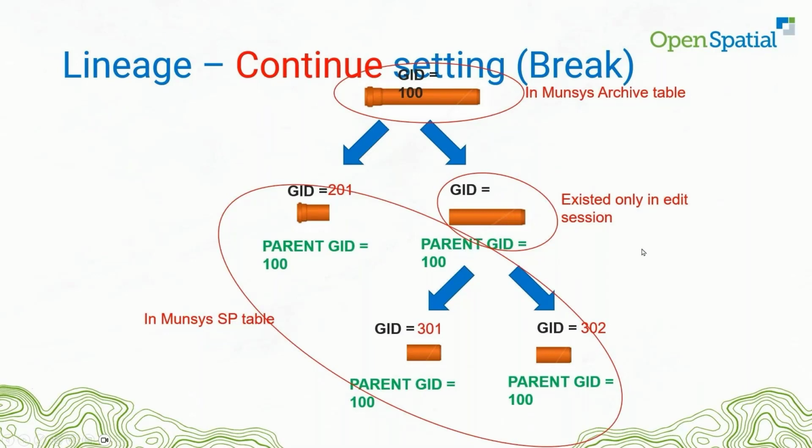So if I go and say, well, I don't really need that, then what we would have, the parent GID in the SP table, that one never gets into the spatial table. So with this one, I'll say that's the parent GID, and those ones get then the parent GID of 100 as well. So that is then sort of a different mechanism.